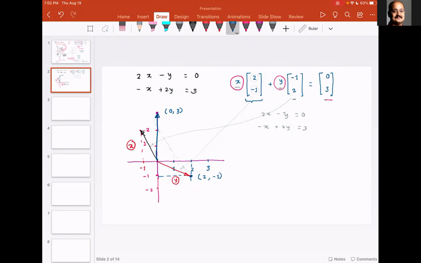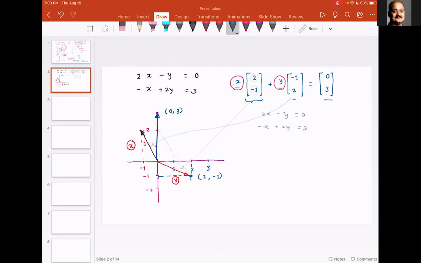So what would happen then? There will be a number here, and when I plug that number in here, the first equation will get satisfied, and simultaneously the second equation will get satisfied. Everybody understood this?